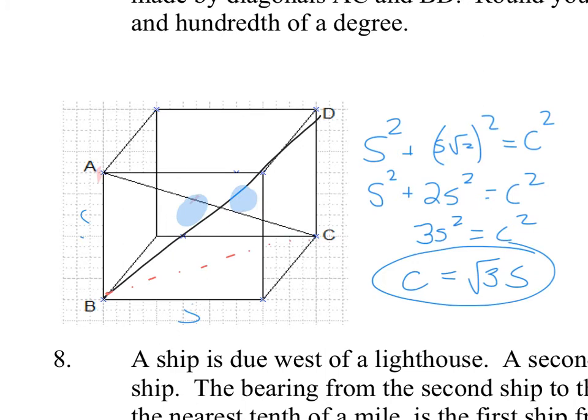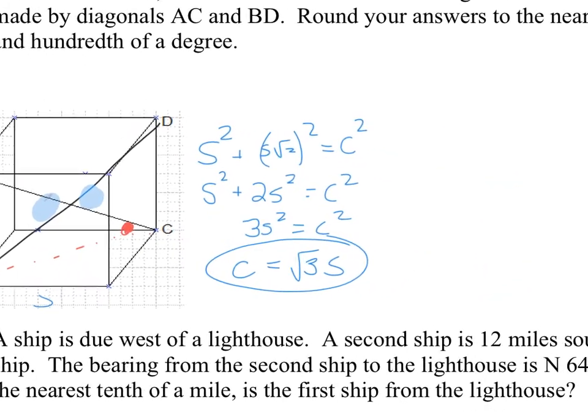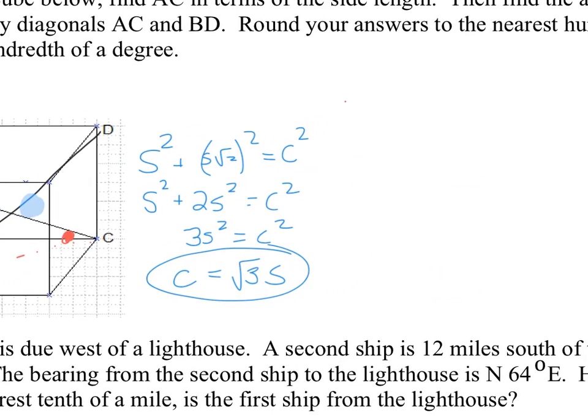I can find this angle in here, ACB. That angle can be found using right triangle trig. Let's take a look. We could say the tangent of that angle BCA equals S over S root 2.